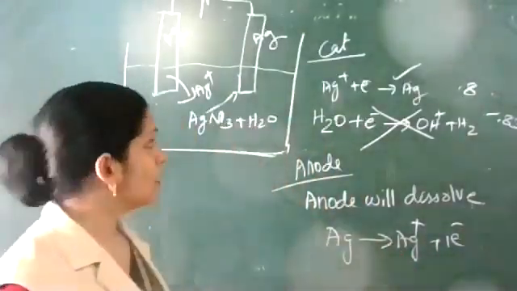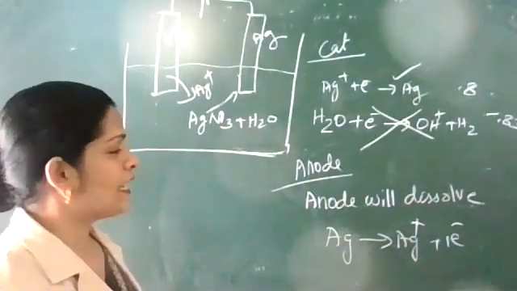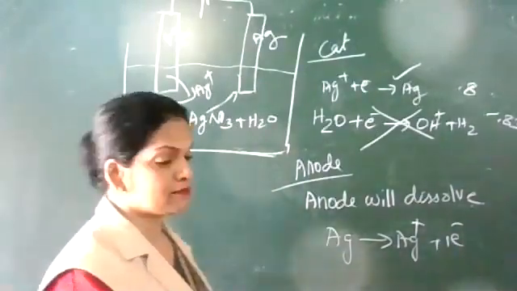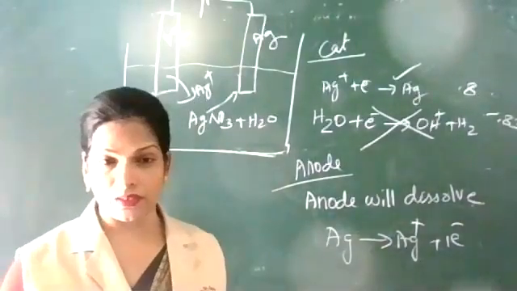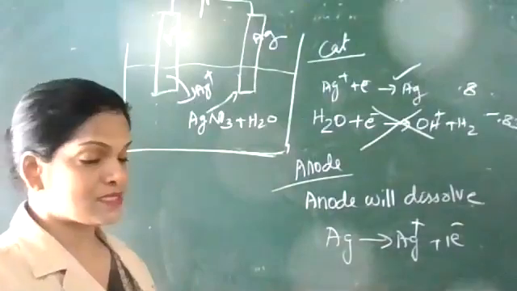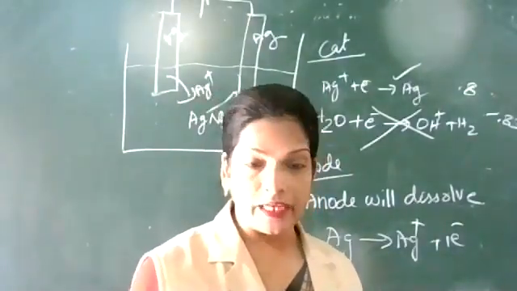In this way, if it is attackable, at the anode you write anode will dissolve and give this dissolving equation. Ag is getting dissolved into Ag plus. Metal is getting dissolved. So that's about the products of electrolysis.